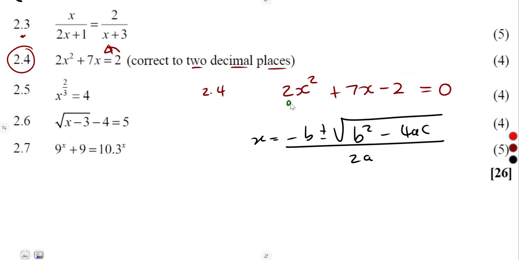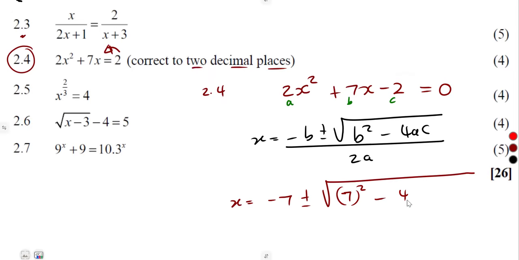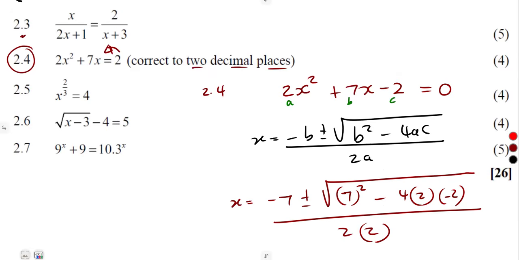Our A is 2, B is 7, and our C is -2. So that's x is equal to minus B, minus 7, plus or minus the square root of B squared, that's 7 squared, minus 4 times A, our A is 2, and our C is -2, everything over 2 times A, that is 2 times 2.